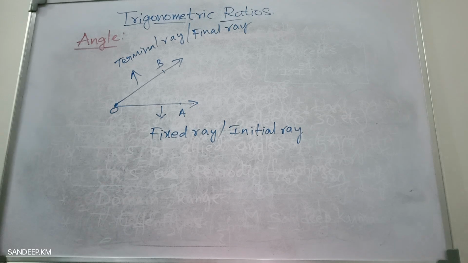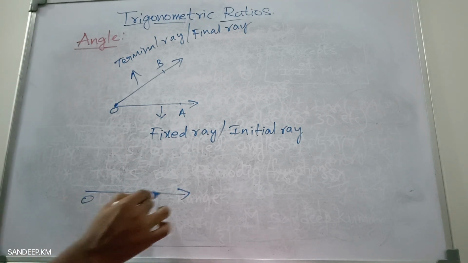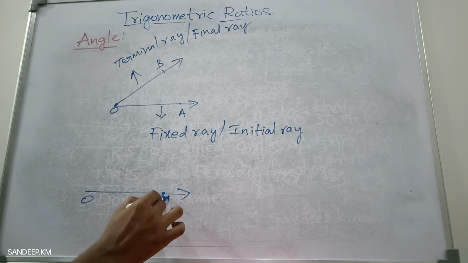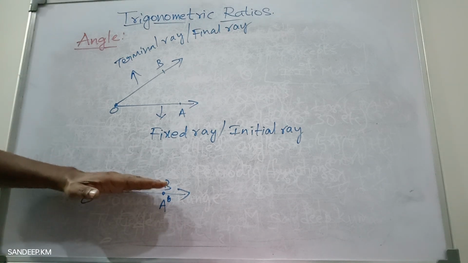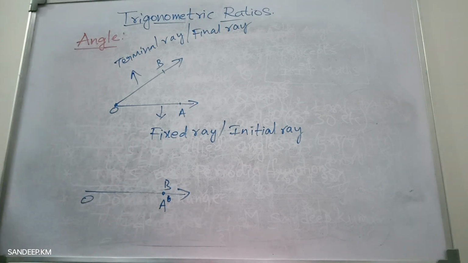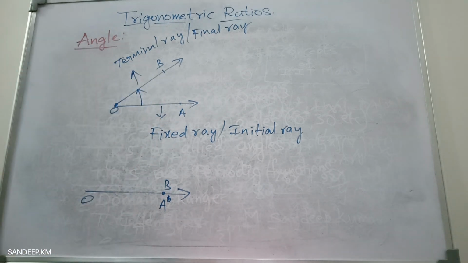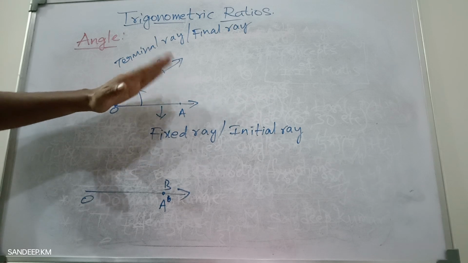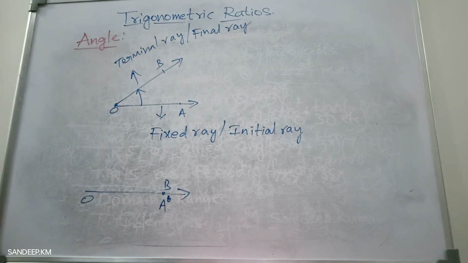Now, what does angle mean? Angle is the amount of rotation. Initially let us assume that both rays OA and OB coincide with each other. Initially OB is here. Now OB starts rotating, for example in anti-clockwise direction, and the amount of rotation between the initial ray and terminal ray is called angle.